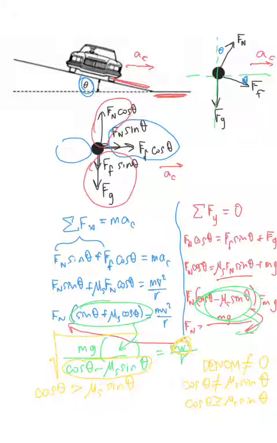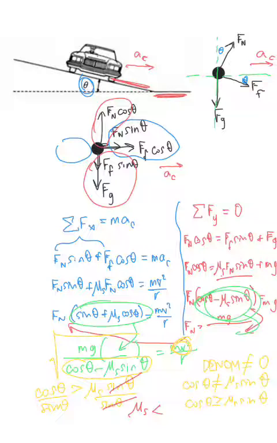So let's simplify this expression for mu s. We're going to divide both sides of the equation by sine of theta. So the sine of thetas cancel out, and now we have mu s by itself. So I can write that as mu s. Since I'm switching the sides, I'm going to switch the order of the sign.